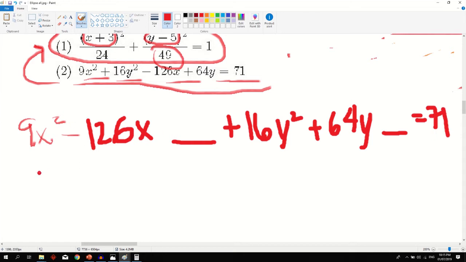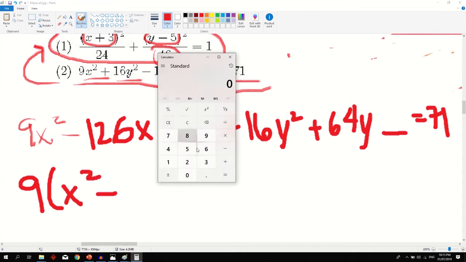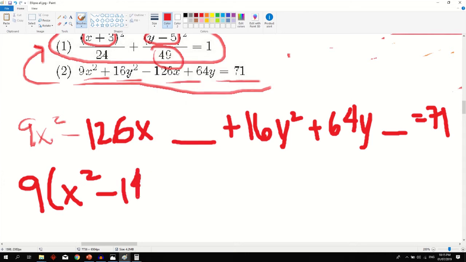Okay, my secret here is I will get the 9 away from that. 9x squared minus, so I will divide by 9. So 126 divided by 9 is equals to 14. So 14x, I don't know that one. Then I will get 16 away from that.